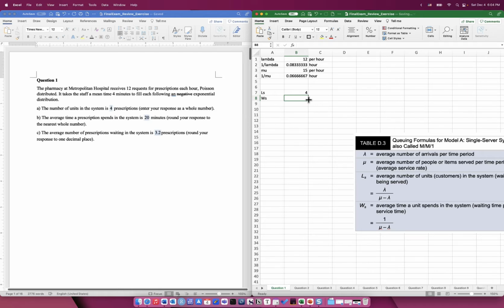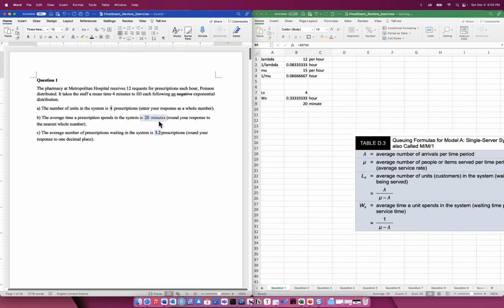So for this one it is actually 1 over the difference between mu and lambda. All right, so this is 1/3 of an hour. If you'd like to convert to minutes, you need to multiply by 60. So that gives you 20 minutes. So this is the solution here.